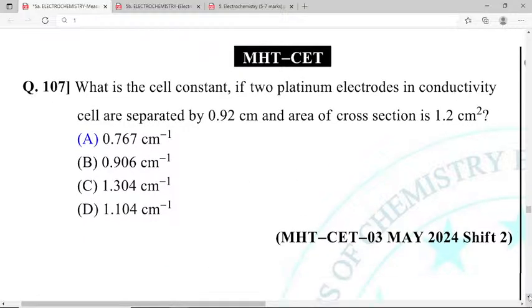What is the cell constant if two platinum electrodes of a conductivity cell are separated by a length of 0.92, with area of cross section 1.2?